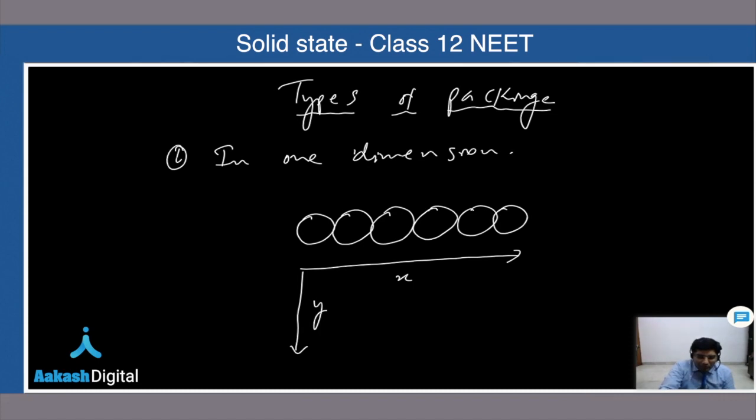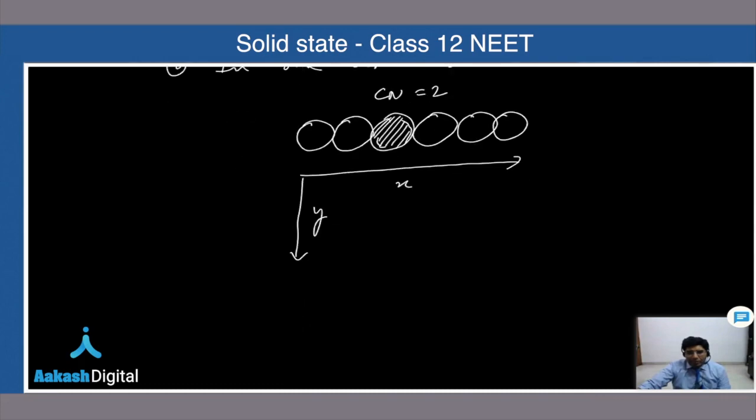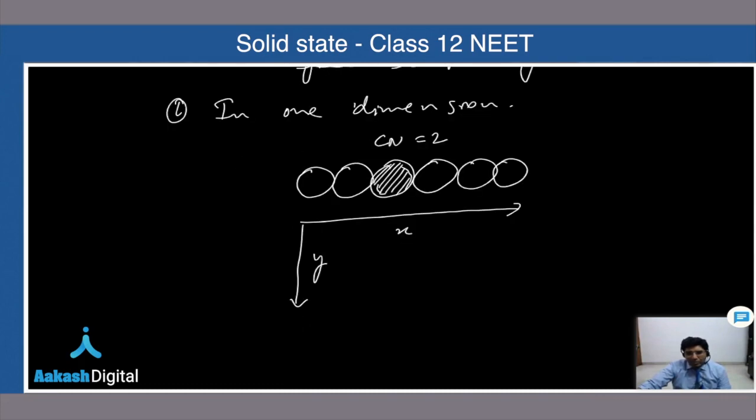If we talk about this atom, this one, what is the coordination number? Yes, Ishwar. This atom is touched by only two atoms, so the coordination number is equal to 2. Now this is called coordination number. Coordination number is the number of atoms touching the particular atom which we are studying, right?